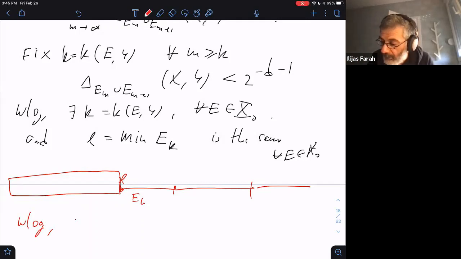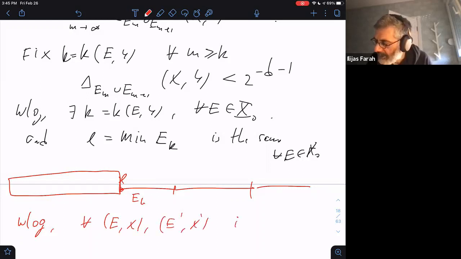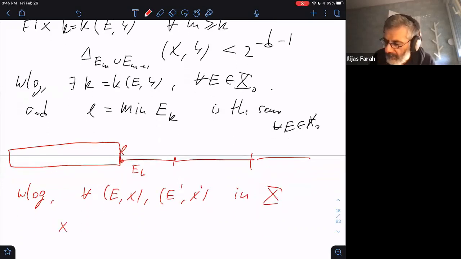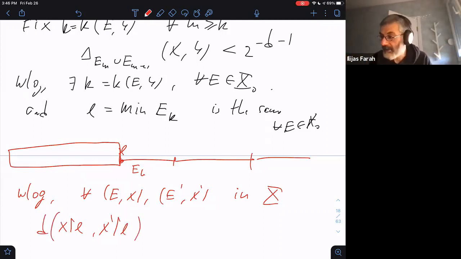So we can make sure that, without loss of generality, for all x and x prime in this set, if I restrict x to L and x prime to L, the distance between them, which is just the maximum distance, is less than 2 to the minus d minus 1.